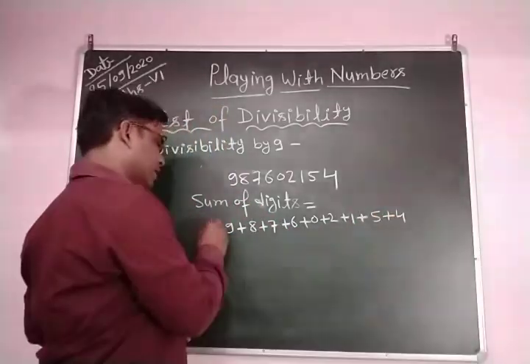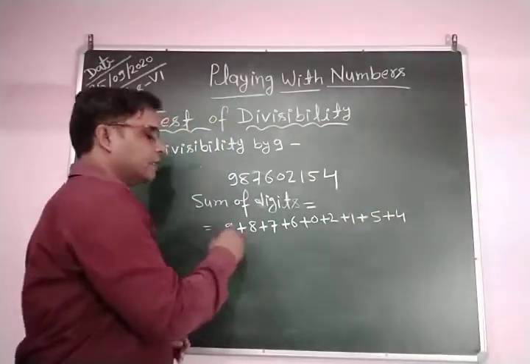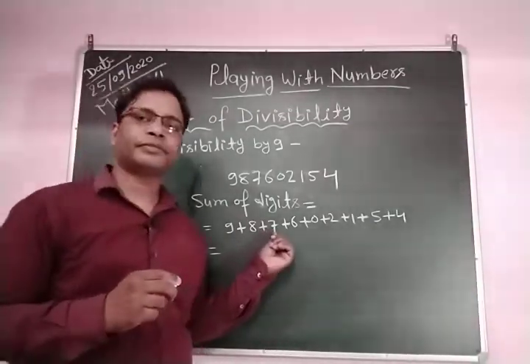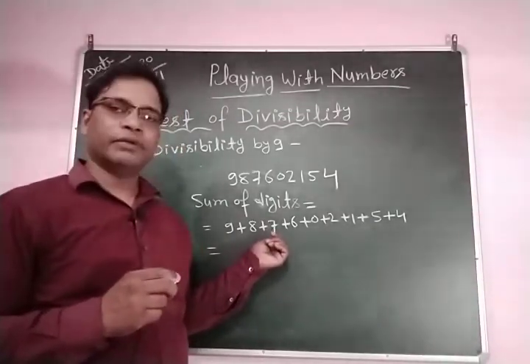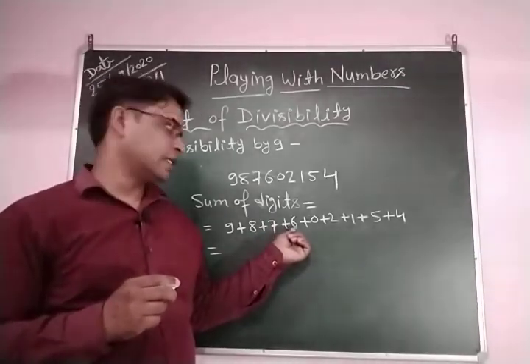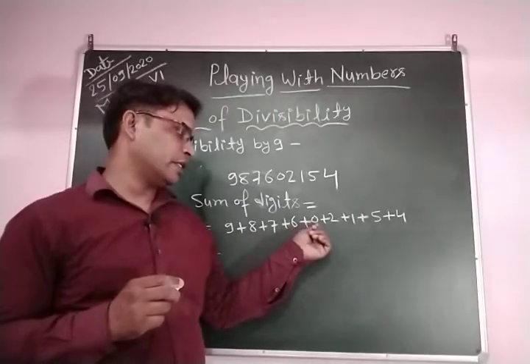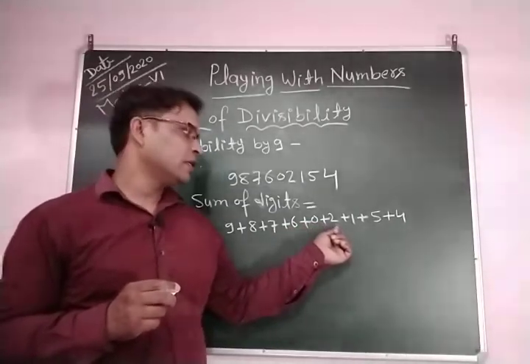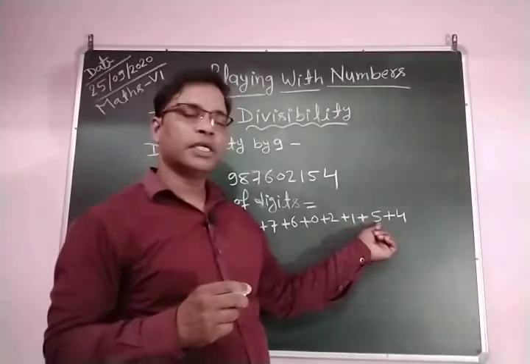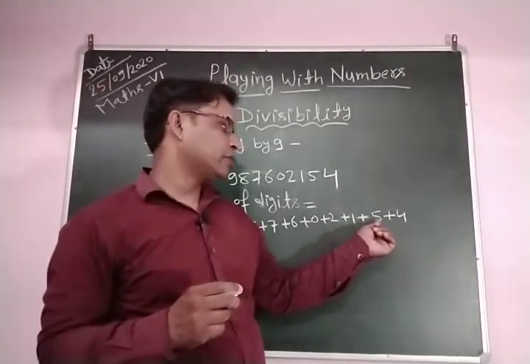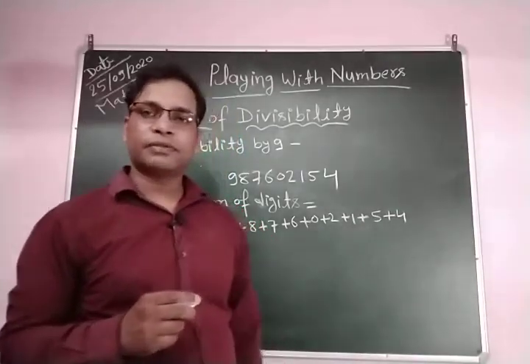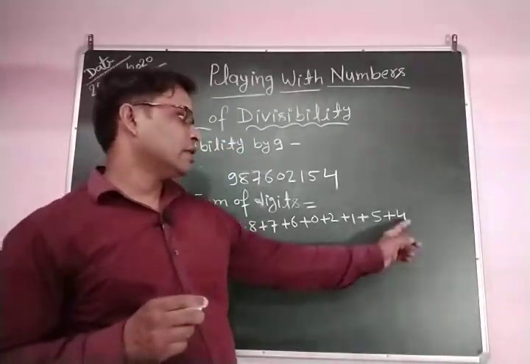This is equal to what? 9 plus 8 is 17, 17 plus 7 is 24, 24 plus 6 is 30, 30 plus 0 is 30, 30 plus 2 is 32, 32 plus 1 is 33, 33 plus 5 is 38, and 38 plus 4 is 42.